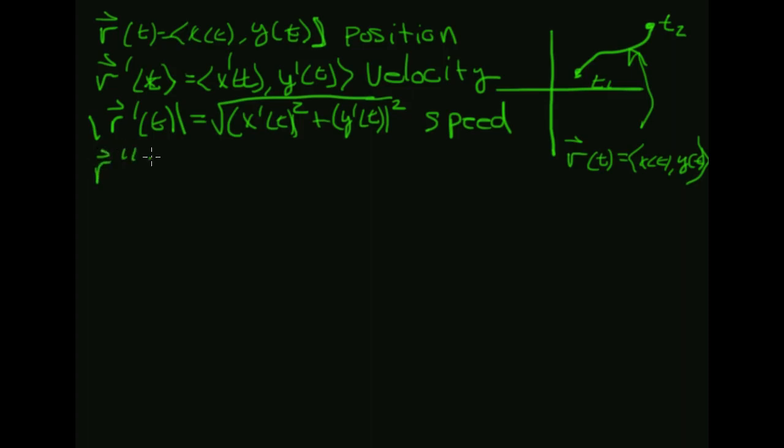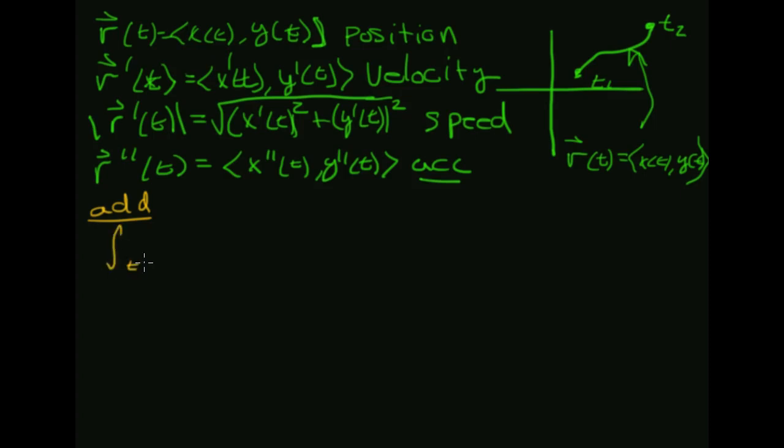And again, the second derivative of the position vector, which is going to give me x double prime of t, y double prime of t, is the acceleration of the particle. Okay, so again, we have things to add in here. So we're going to add some new stuff. If I take the integral from t1 to t2 of the second derivative, so it's the acceleration vector, I'm going to get back the velocity vector at time t2 minus the velocity vector at time t1.